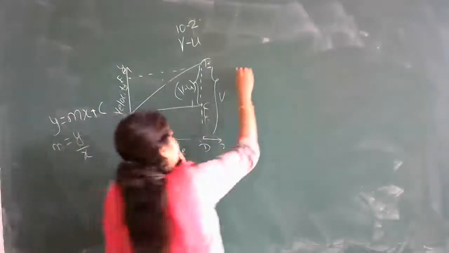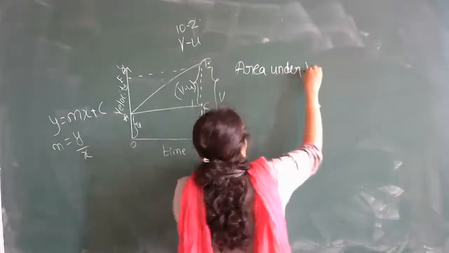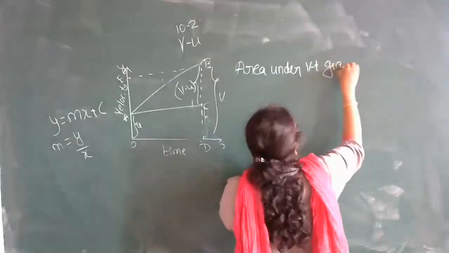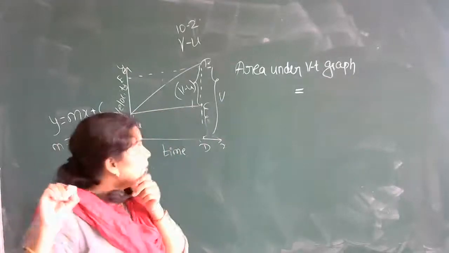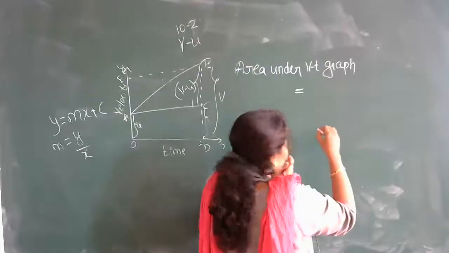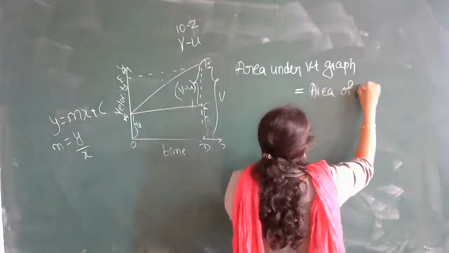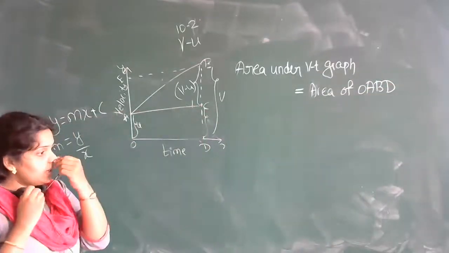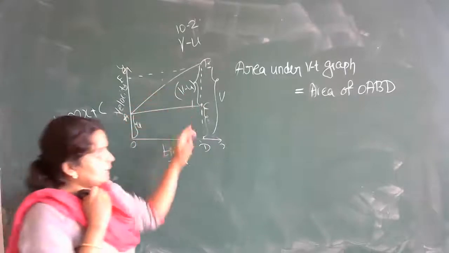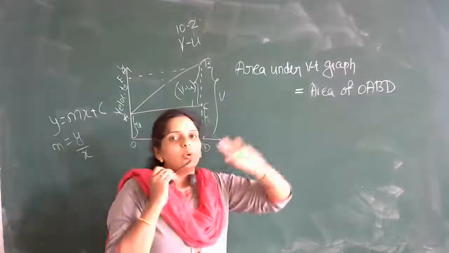So here I'll write area under VT graph is equal to area of OABD.